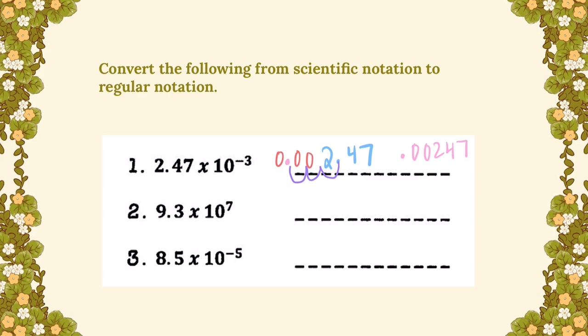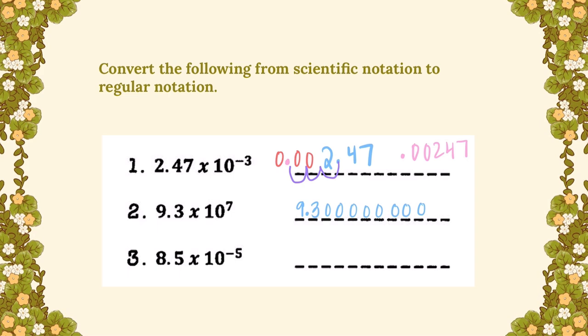Now the second one we have 9.3 times 10 to the 7th. That means we're going to move the decimal point 7 to the right. So I'm going to write out a bunch of zeros. The original decimal is right here, 9.3, and we're moving it 7 to the right.